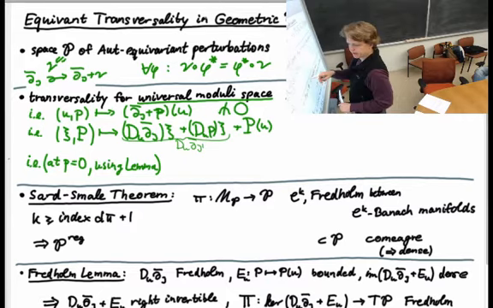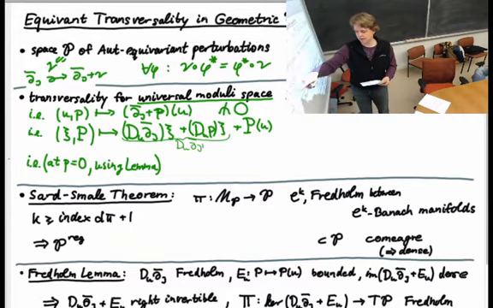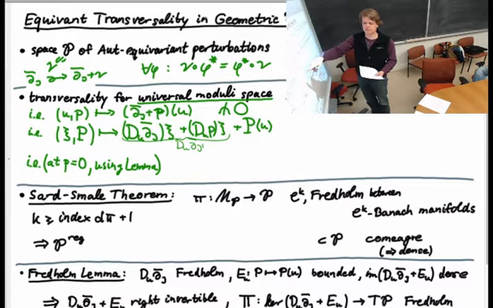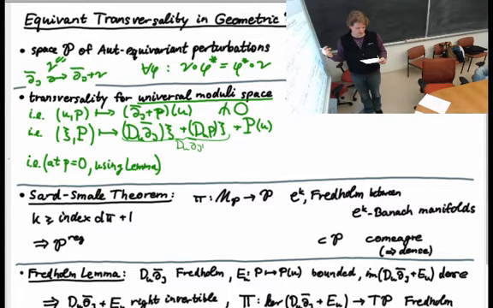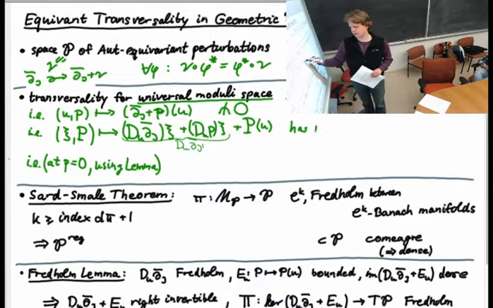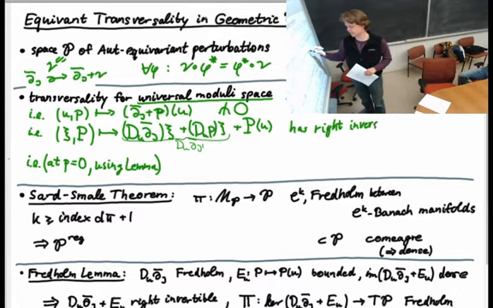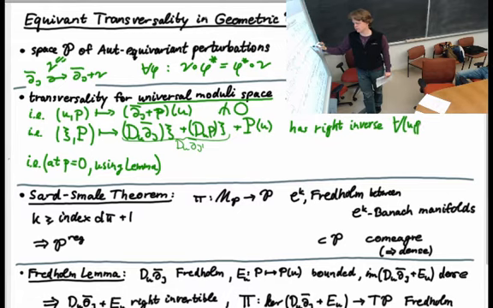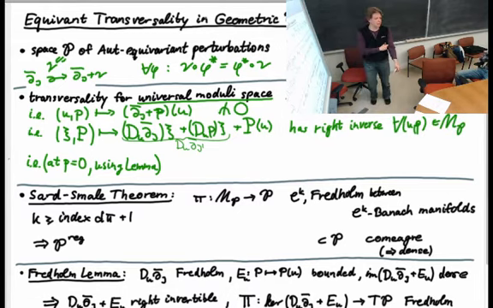So transversality means I need, well, we're usually used to saying surjectivity, so I can get an implicit function theorem. But this is going to be in infinite dimensions, so we actually need a right inverse, and we need a right inverse at all solutions. That means this space is cut out transversely.